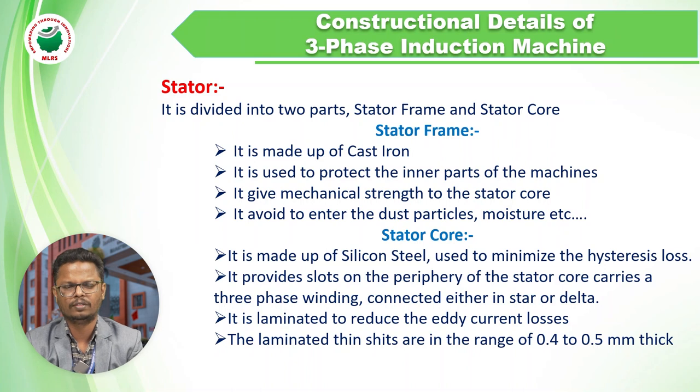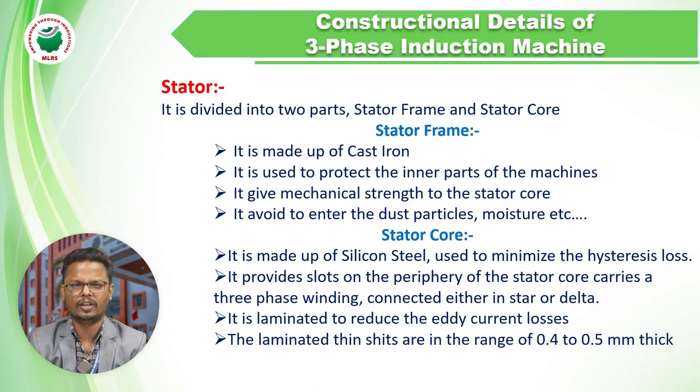If dust particles or air enter the air gap between the rotor and the stator, where we have the flux, it will get disturbed. To avoid that, we should not let air or dust particles enter the machine. That function is done by the stator frame.